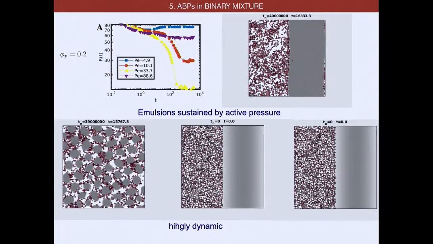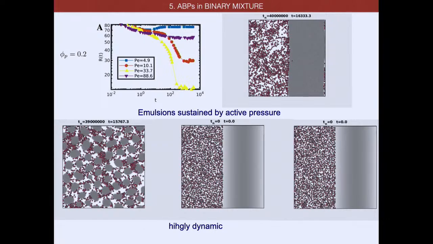You could even wonder whether they want to have a certain structure, order. And here essentially the active particles still stay mostly in the soluble phase. It's difficult for them to cross because there is the cost of the capillary energy.